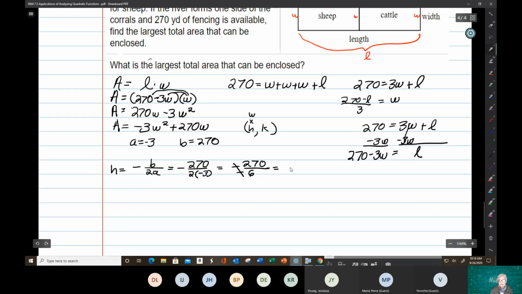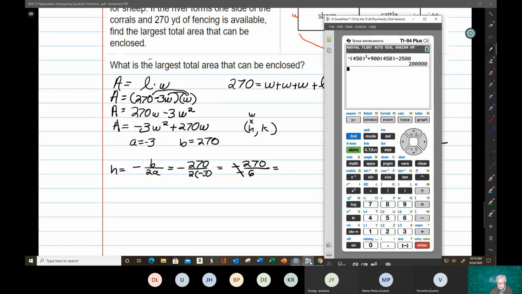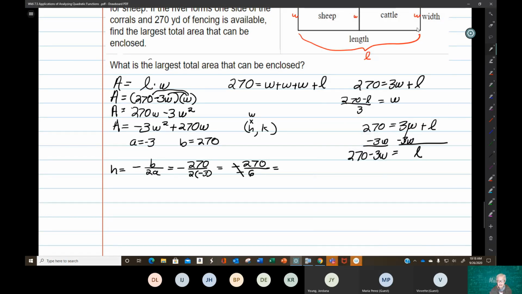Which is, all right, it's going to be a fraction, isn't it? Probably. Depressing. No! Well, goodness, this is a good day. 45.